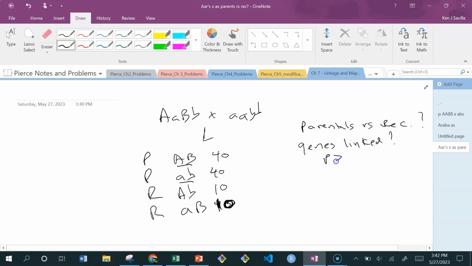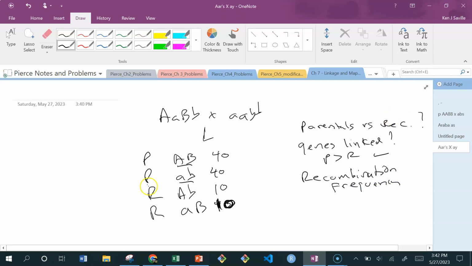So if the parentals are greater than the recombinants, genes are linked. So yes. Then the next question is, what's the recombination frequency? In other words, what's the percentage of recombination?